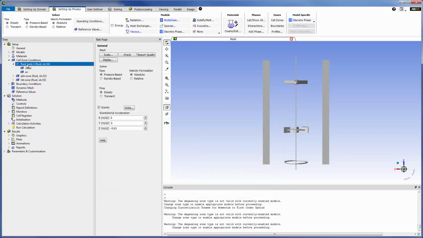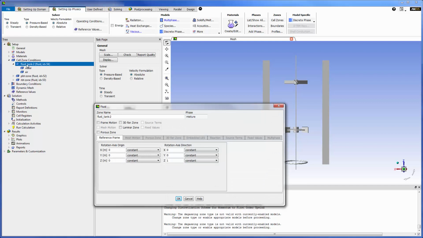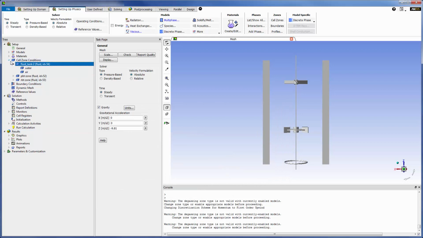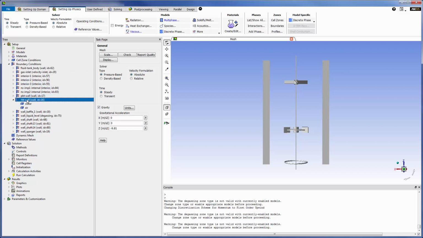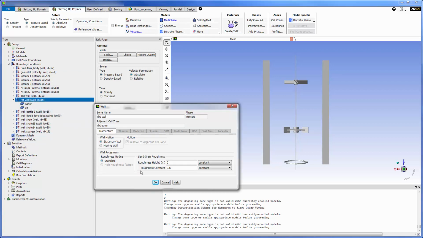The final cell zone comprises the rest of the tank, which is stationary in the absolute reference frame. Any boundary condition located within a particular cell zone uses the same reference frame as the cell zone. This is why the wall boundary condition for each impeller is stationary.